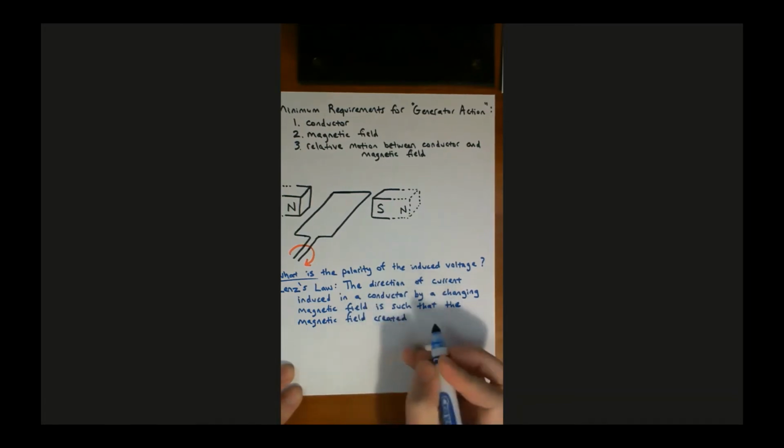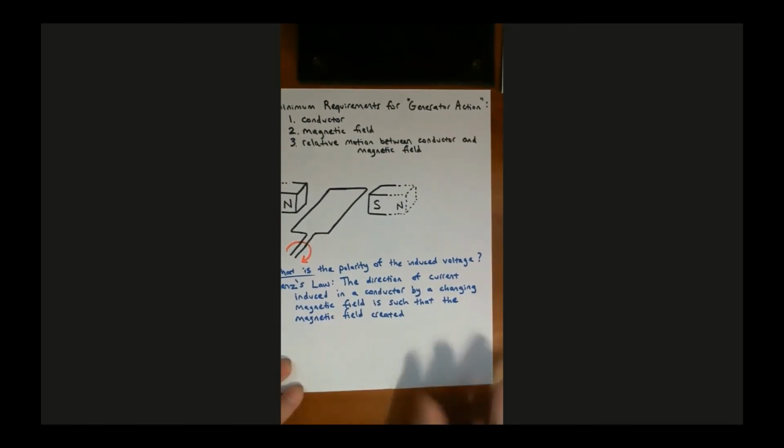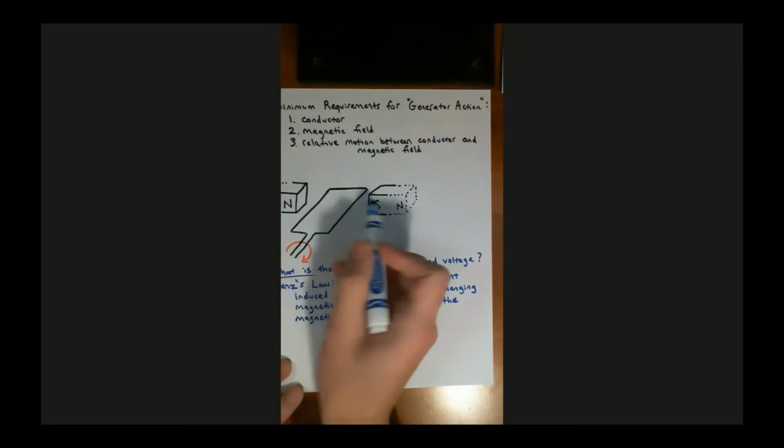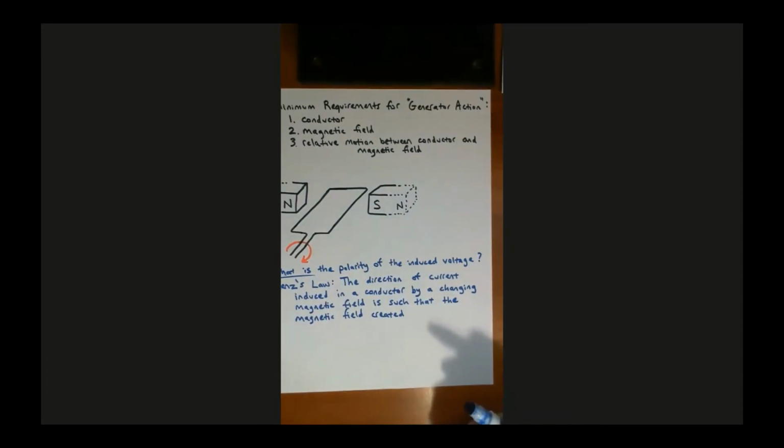Because as soon as we have current flow, then by the right-hand rule for current carrying conductors, we also create another magnetic field. So we have the original magnetic field, this is here and this there. But as soon as we induce a voltage and get current to flow in here, then we have current flowing in there, and therefore we have a magnetic field that's created by that flowing current. So this is talking about that magnetic field that is caused by that flowing current in the conductor, in the armature. Right, so where was I?